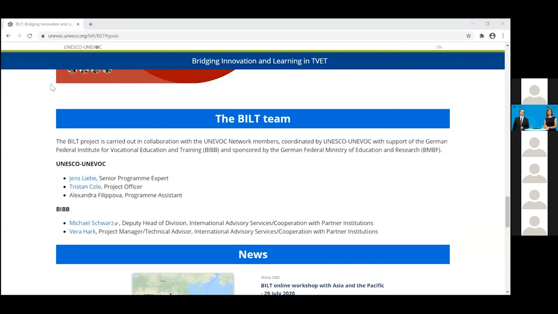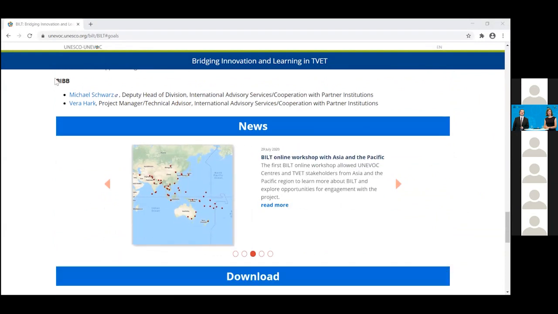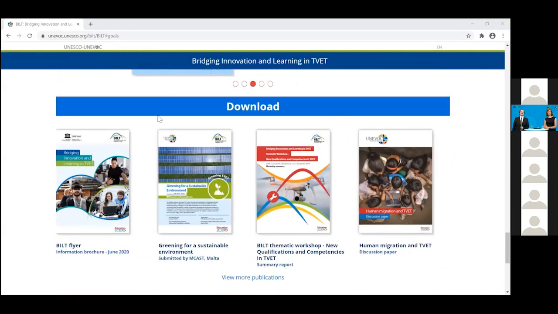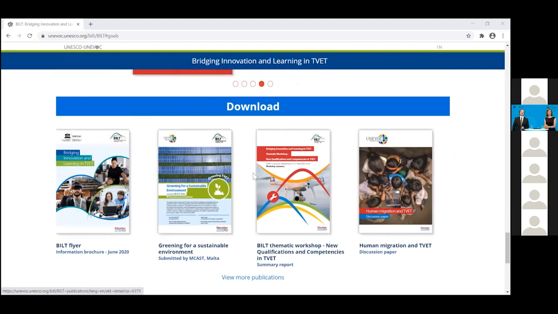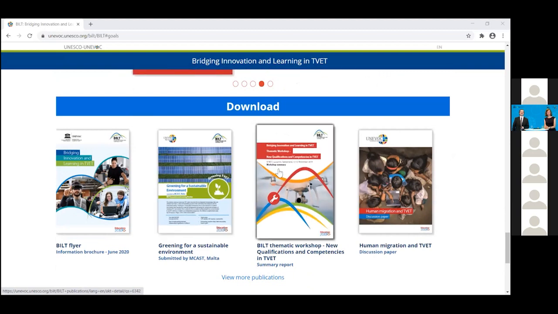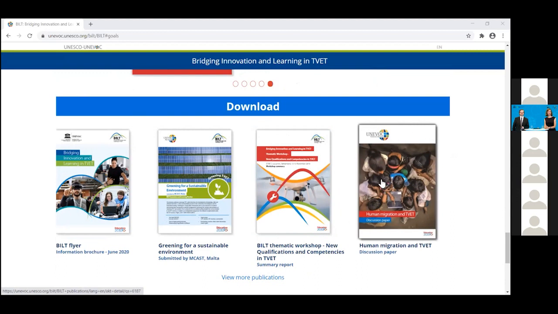Further down, you can consult our news and download the project resources, including the BILT innovation and learning practices, the summary report to the BILT events, and the project partner publications, like for instance this one on human migration and TVET by University of Nottingham.